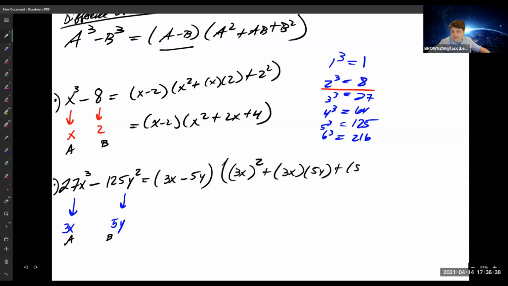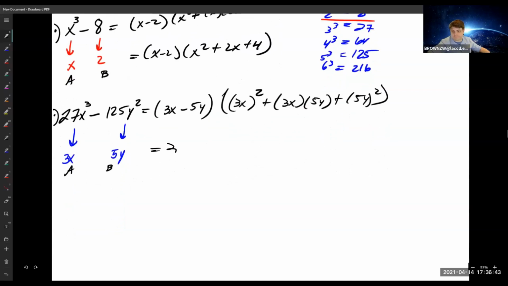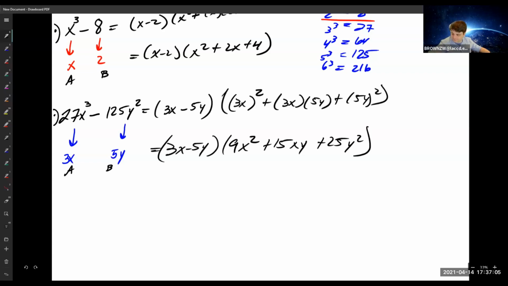And then lastly, plus b squared. So we're just going to simplify this. So 3 squared is 9, so we have 9x squared. 3 times 5 is going to give me 15xy. And 5 squared is 25y squared. So here we have a full factorization.